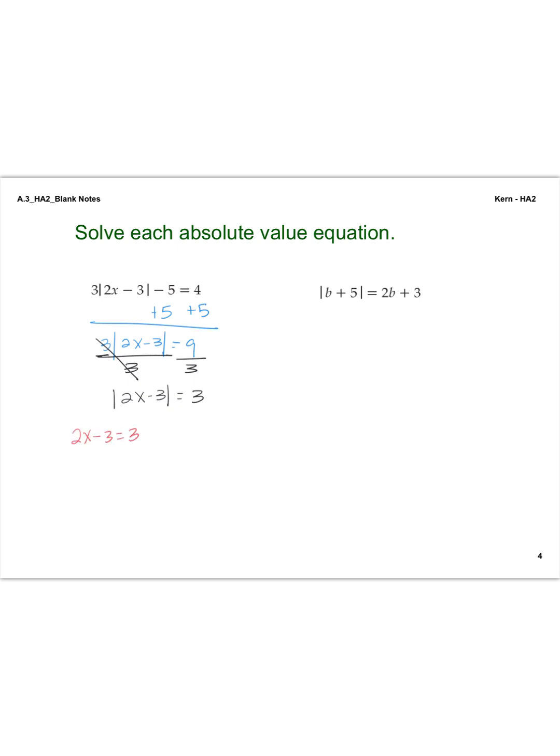So we set up our equation. And I need to make another note that I think I forgot to say. Once your absolute value bars are isolated, it must be set equal to a positive number. If it is set equal to a negative, it's no solution.